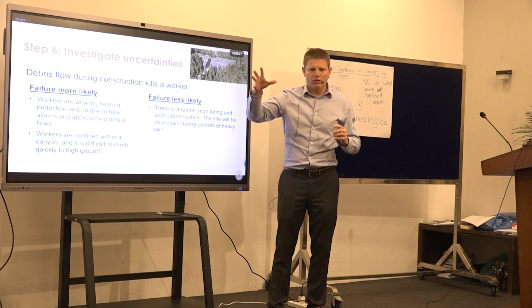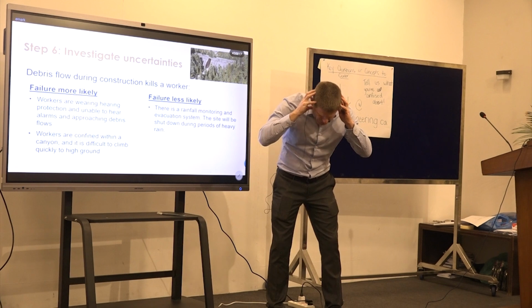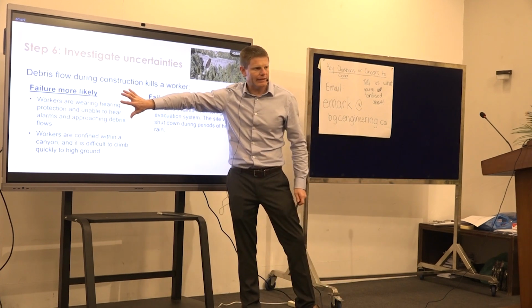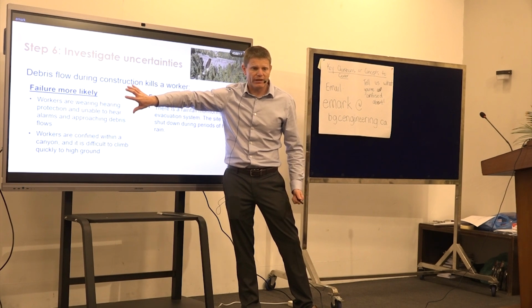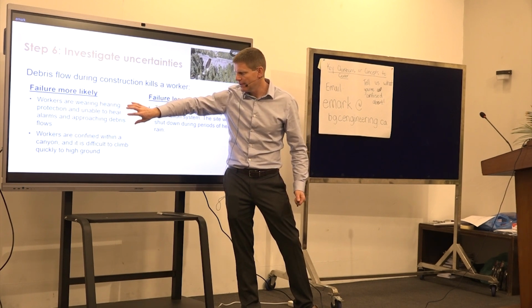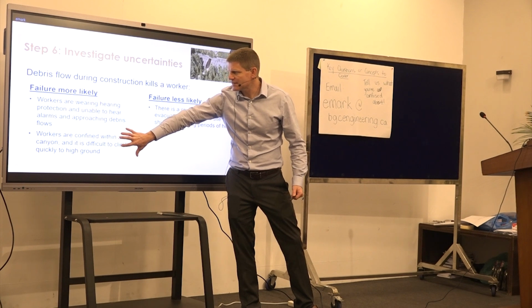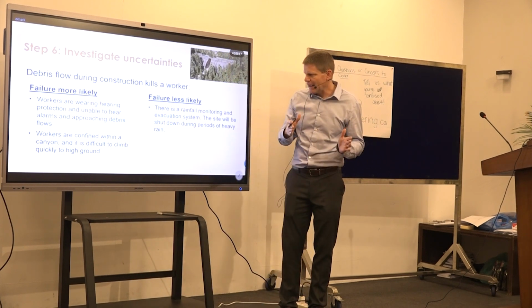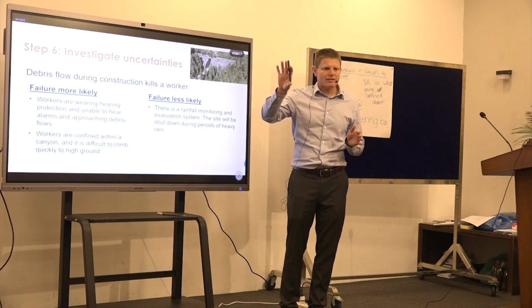And even if there was an alarm, they have their heads down with the hearing protection and they're working, they wouldn't hear the alarm. So this makes it more likely that this failure mode is a real thing that could happen and kill somebody. Another thing that makes this more likely to happen is the fact that the workers are confined in the canyon, and it's difficult to climb out to higher ground.